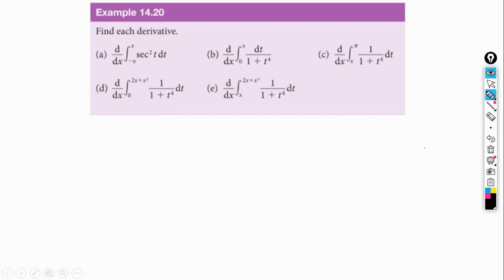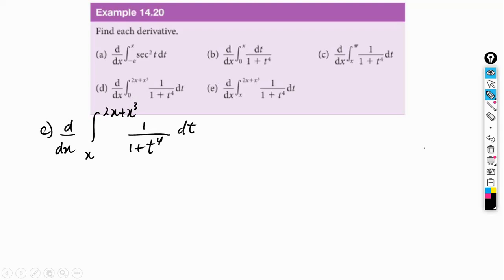Okay, and finally we are going to do e, where they want us to find the derivative of the integral from x to 2x plus x cubed of 1 over 1 plus t to the 4 dt.